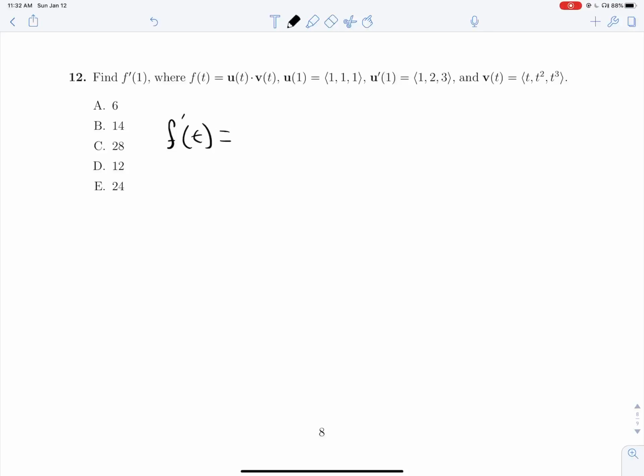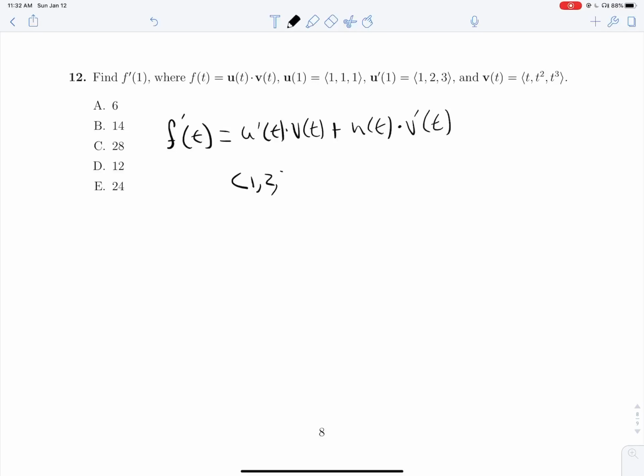So because we're multiplying these two together, and we're only dealing with one variable, this is going to be equal to u prime of t times v of t plus u of t times v prime of t. There we go. And let's see, we know that u prime of 1 is 1, 2, 3.